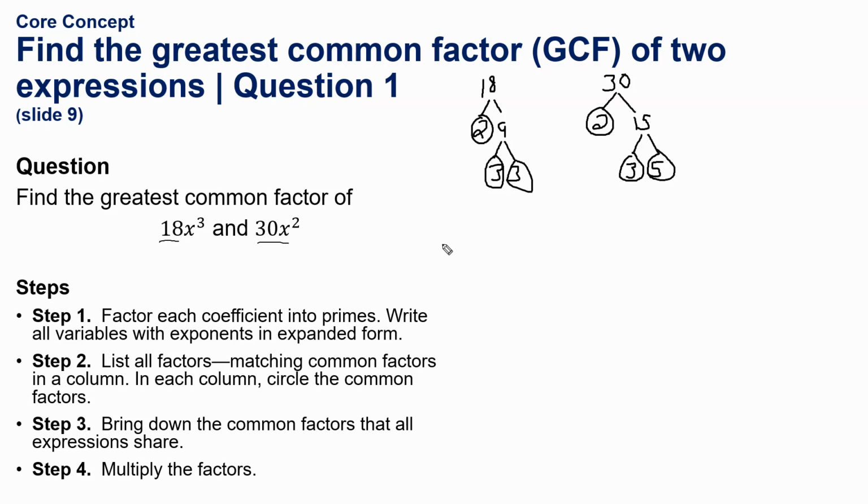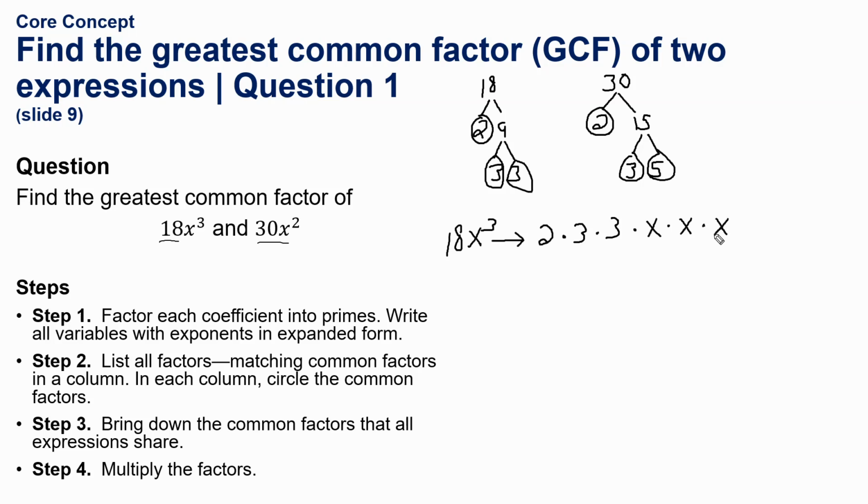So if I then go to this first expression, 18x to the third power, what I could write this as is 2 times 3 times 3. That is the coefficient part. And then I can do the variable part, x to the third power, as x times x times x.